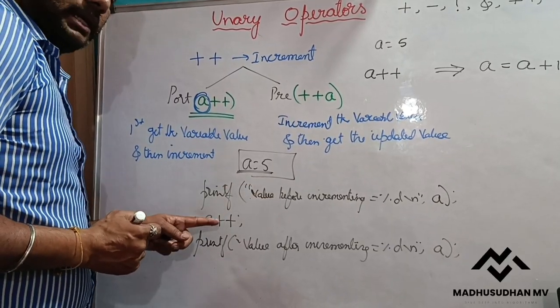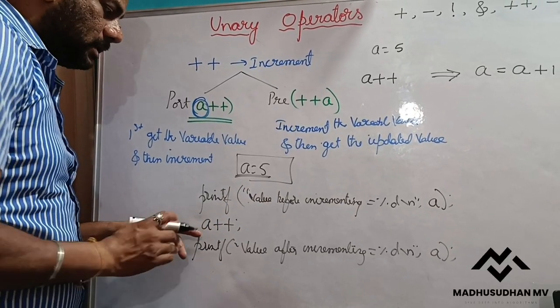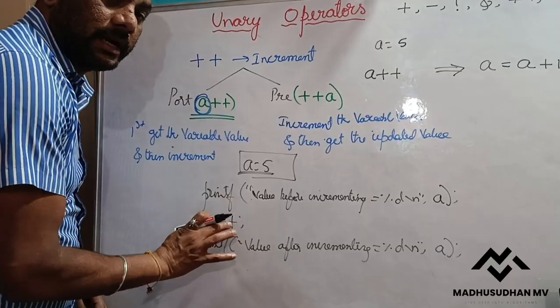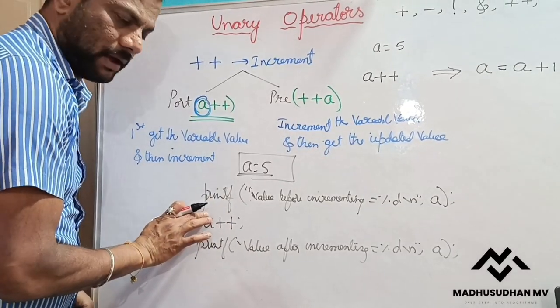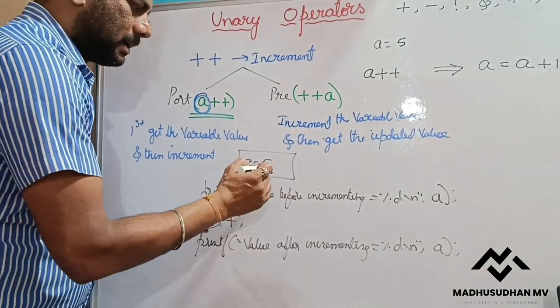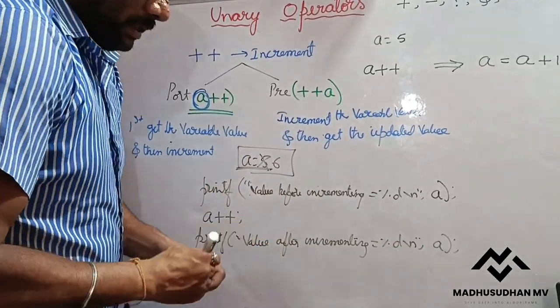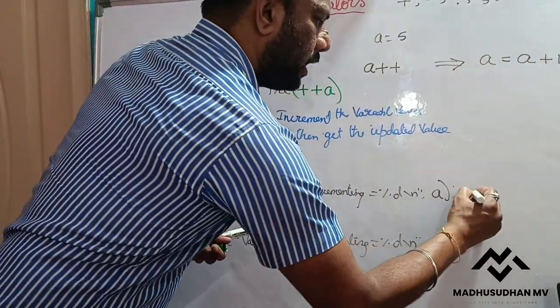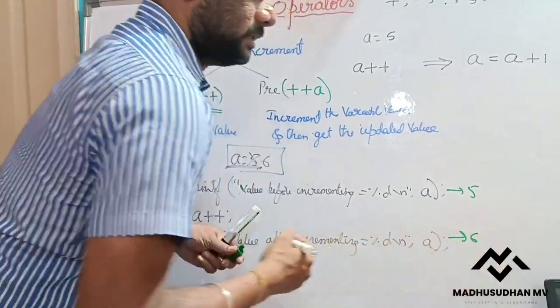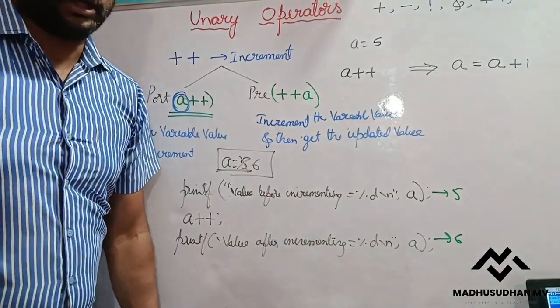It will print first. After that, I am incrementing. This is a complete statement. It will exit. First it will take the value, increment, A becomes 6. Next, it will print 6. So this will print 5 and this will print 6. That I will show you by executing.